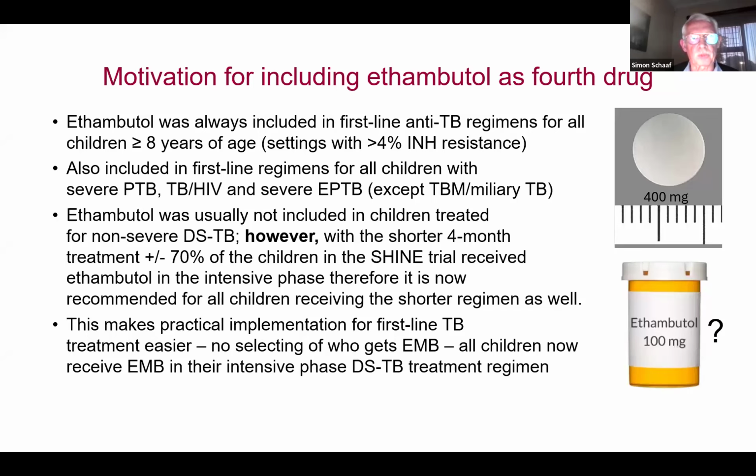So for that reason, we think that it is necessary to give Ethambutol to all children on the shorter regimen as well. This makes practical implementation of first-line TB treatment much easier, because you don't have to decide, should I give Ethambutol or not? Everyone gets Ethambutol. And currently we only have the 400 milligram tablet available, but hopefully with this change, the Department of Health will also make the 100 milligram dispersible Ethambutol tablet available to the children.